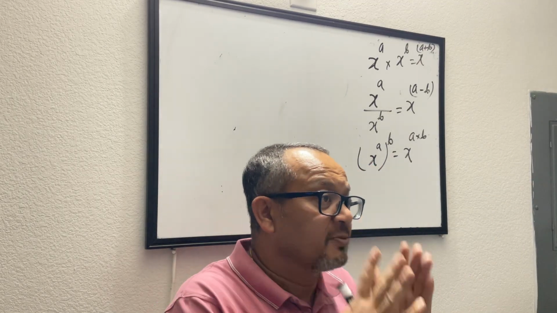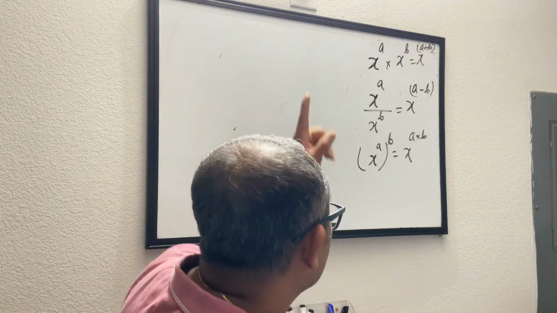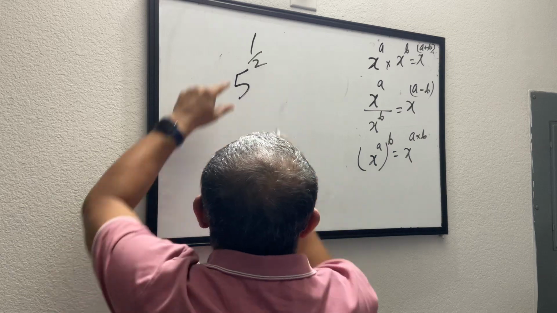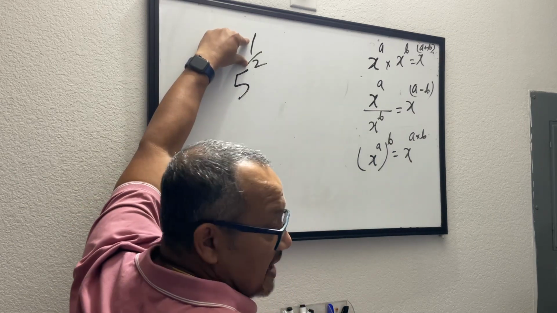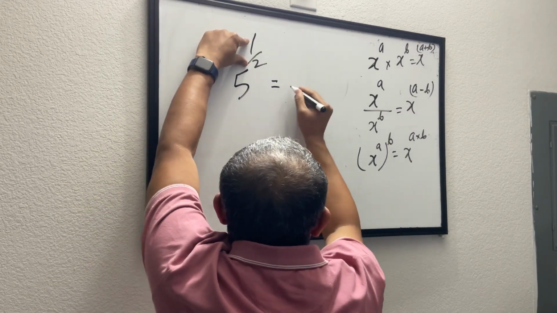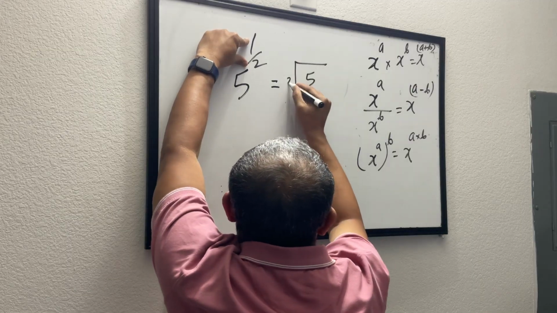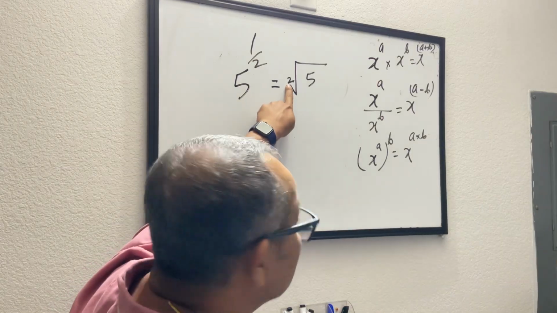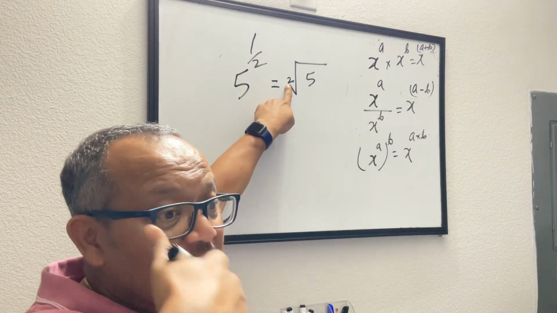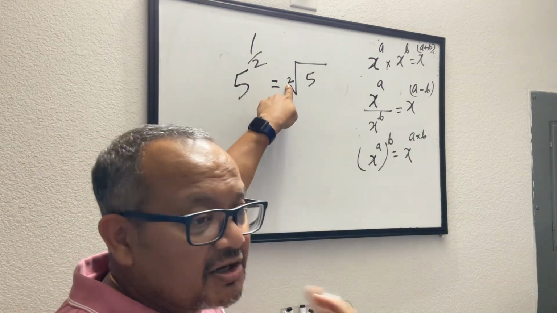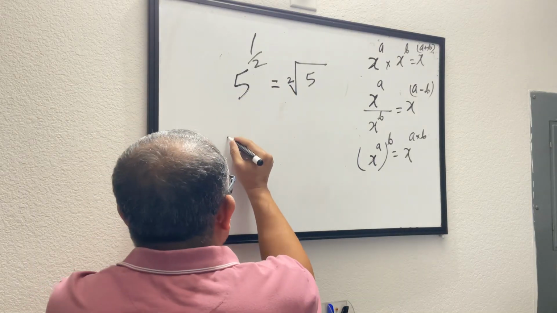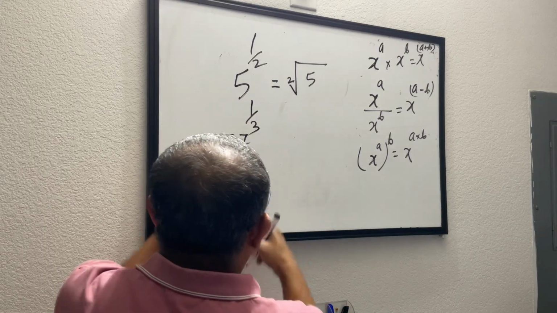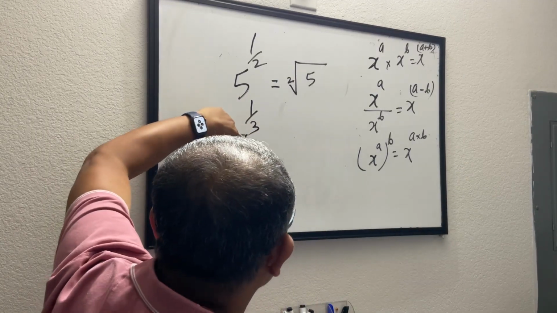If I'm talking about 5 to the power 1 by 2, I'm talking about 5 to the power, which is a rational number, and this is the same as the square root of 5. So whatever you see as a denominator here goes next to the bracket, which tells you what is the root number that you're talking about. Okay. If I say 27 to the power 1 by 3, I'm talking about the third root of 27.